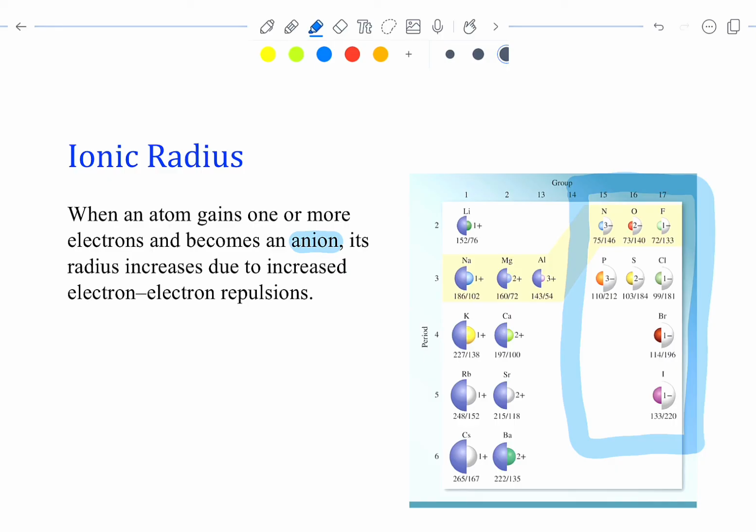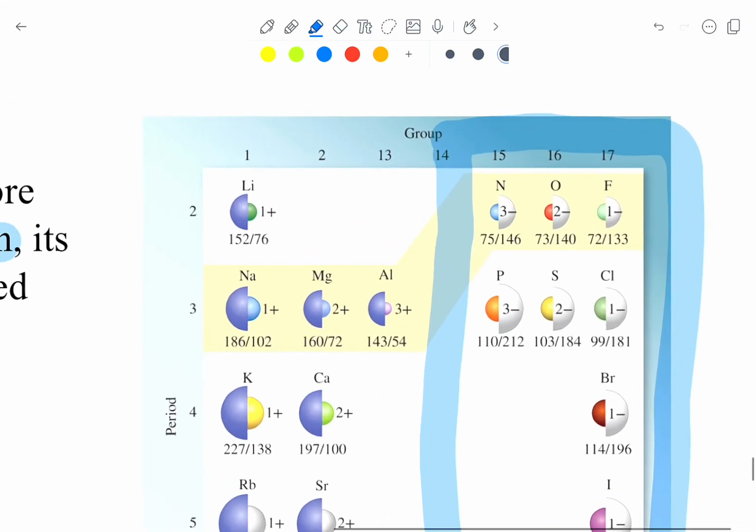We're putting electrons into that outermost shell, and they're repelling each other more because they don't like each other. Okay, so we see here, again, we have our neutral side and our ionic side. The neutral radius is smaller than the ionic radius. So it's the opposite of what we were just seeing with the cation. As we add more electrons, our radius is going to increase.